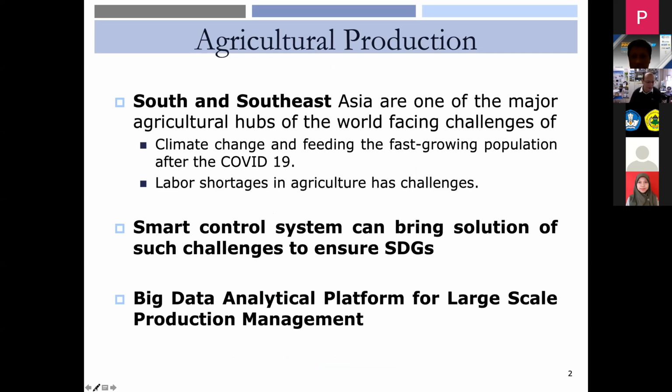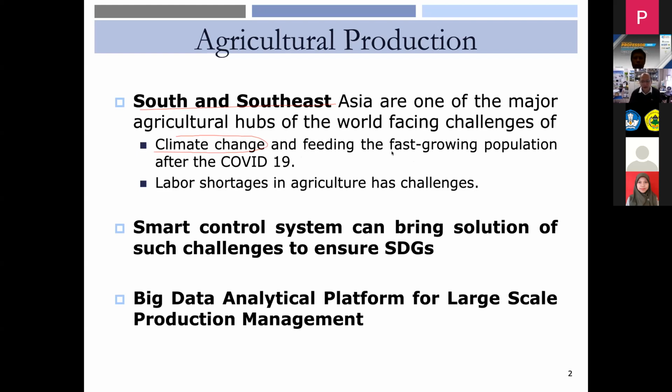If we look out, we call it South and Southeast Asia, right? If you look out, the major populations are living in this zone. So it has an issue also, the climate change. The people are suffering a lot from climate issues. And at the same time, the fastest growing populations in the world are living in this area.